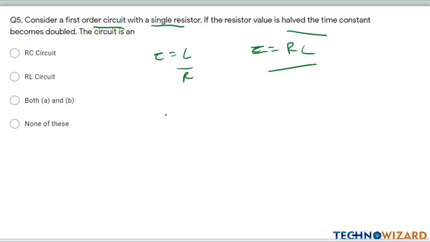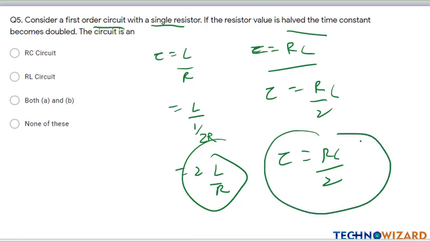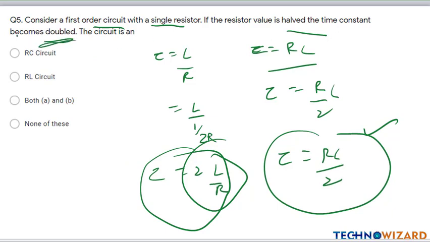Now they have said the resistor value is halved, that is R by 2, so L by R becomes 1 by half, which is twice of L by R. Now in the RC circuit the time constant gets half, but in the RL circuit the time constant gets double, and we have to say in which circuit we will get the time constant as double. In RL circuit we will get the time constant as double, that is 2L upon R.